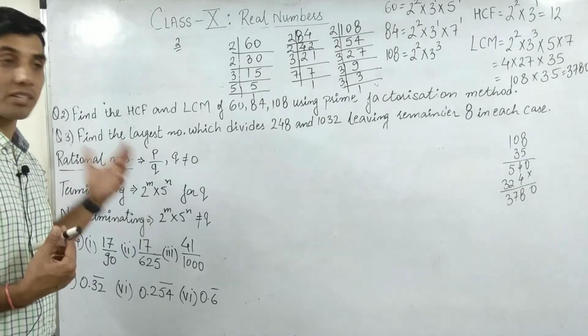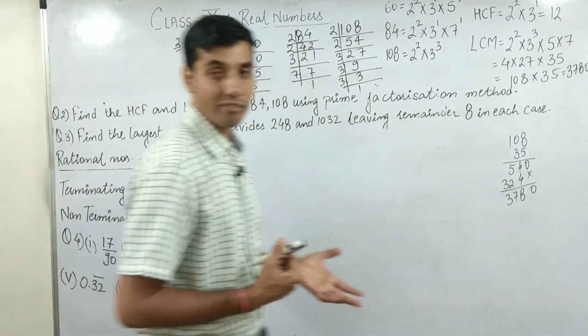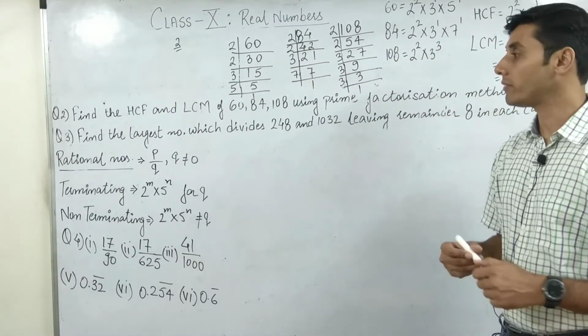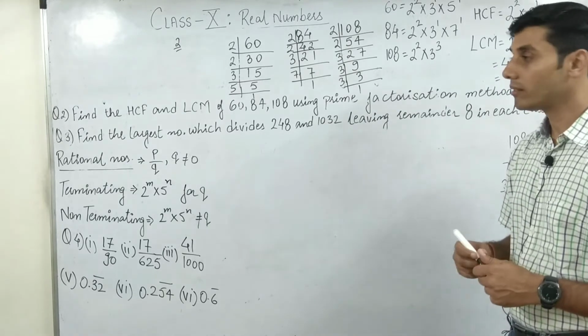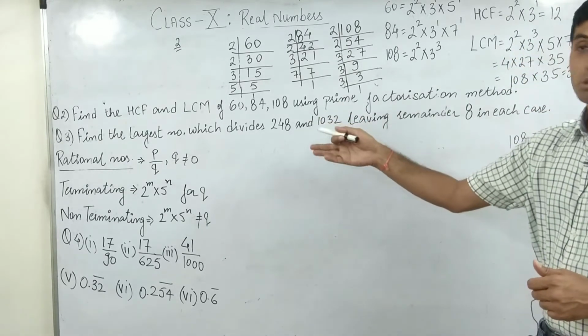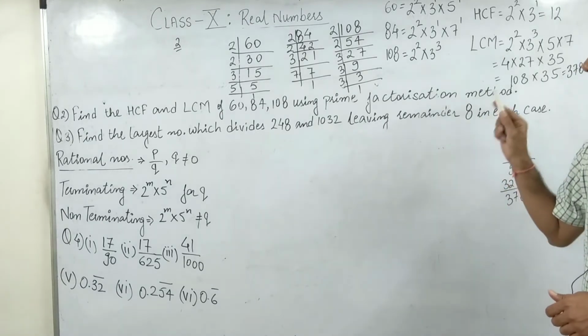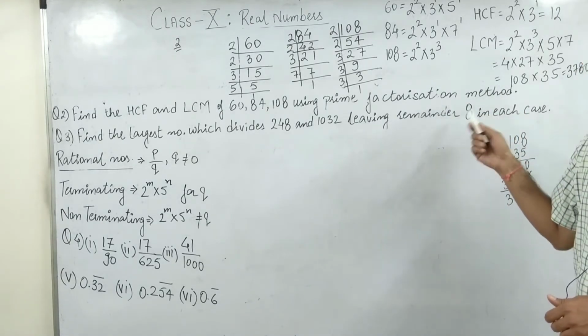Whenever someone talks about largest, it is HCF; for minimum, it is LCM. So they are saying find the largest number which when divides 248, leaves 8 as the remainder.